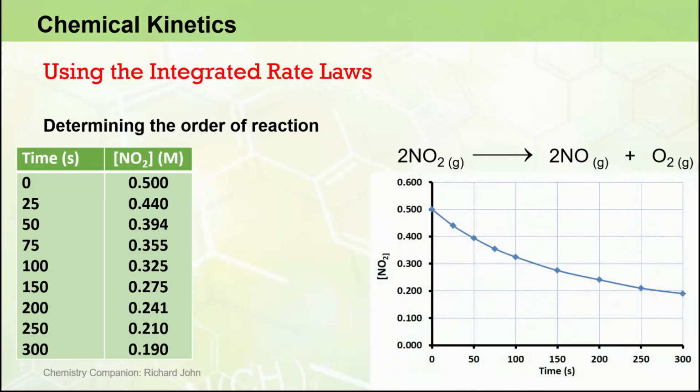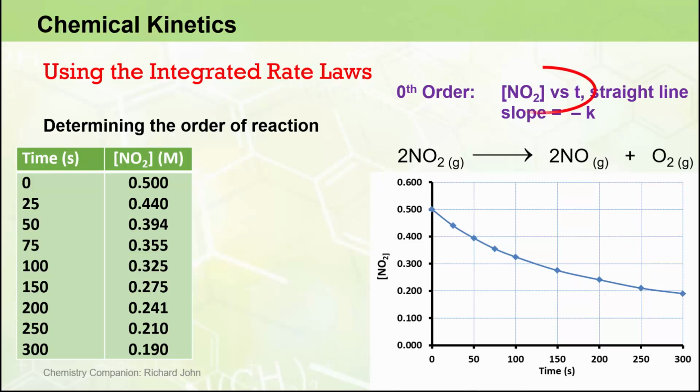We can plot this decrease in reactant concentration with time, and we can see from the slope of the curve that the reaction rate is relatively quick at the beginning and slows as the reaction proceeds, and this is typical for most reactions. Now, if this reaction happened to be zero order with respect to NO2, we would expect a plot of concentration versus time, like this graph here, to be linear. The fact that the plot shown is not linear tells us that this reaction is not a zero order reaction.